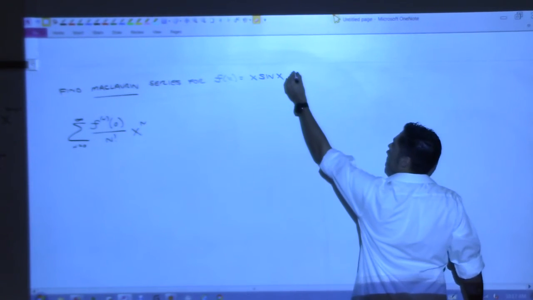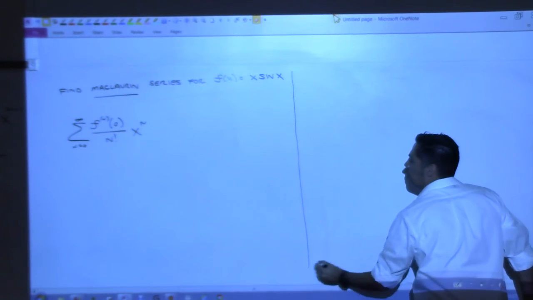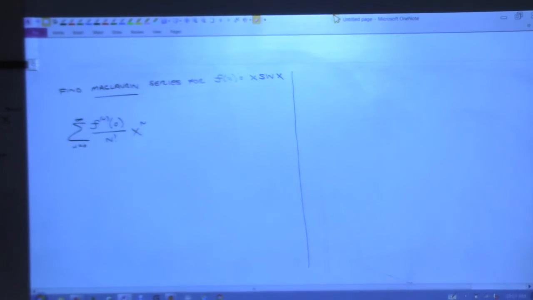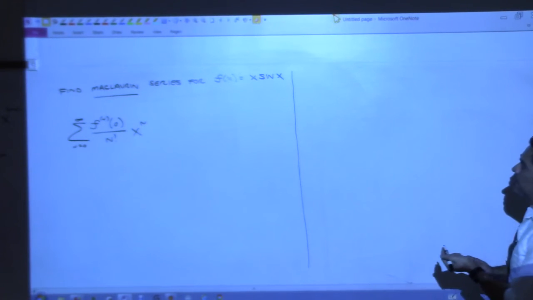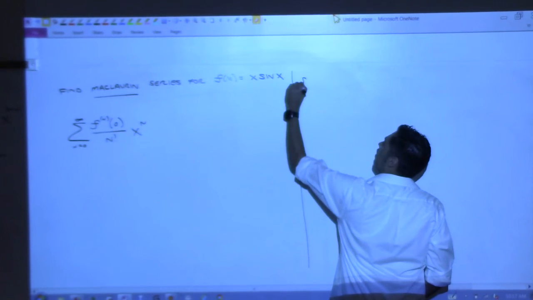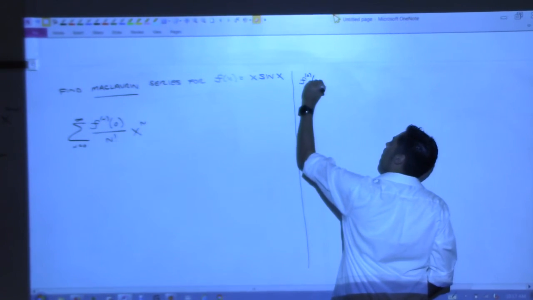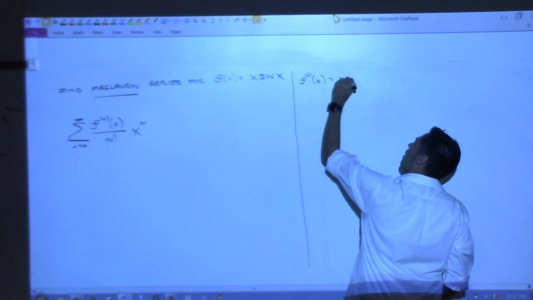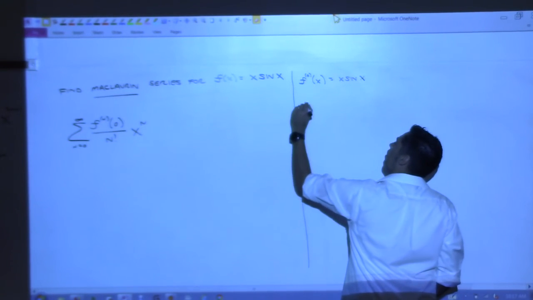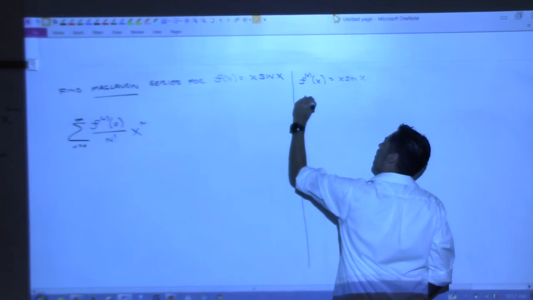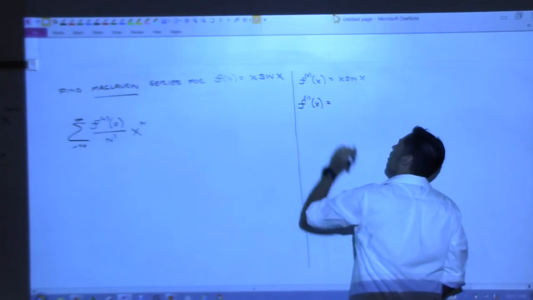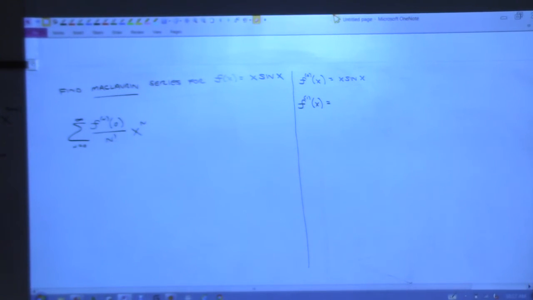So I'm going to come up with my table over here, and this is going to be complicated. What is the 0th derivative? Well, that's just itself. What is the first derivative? Product rule.